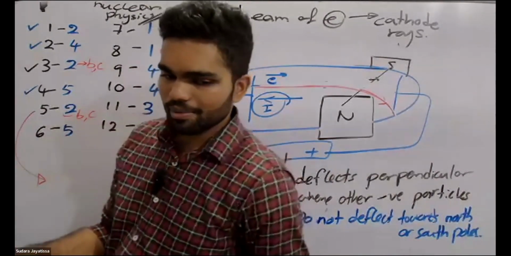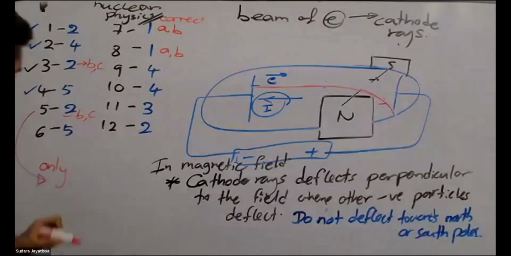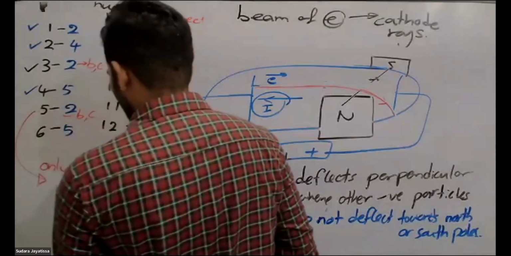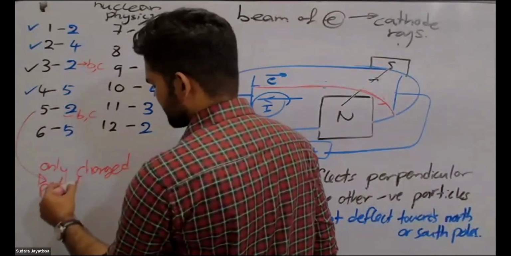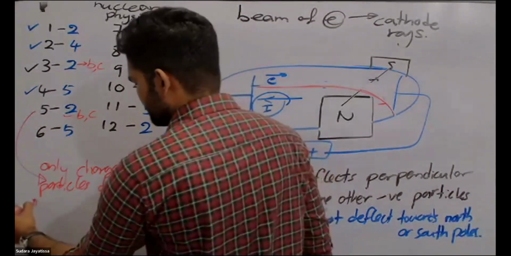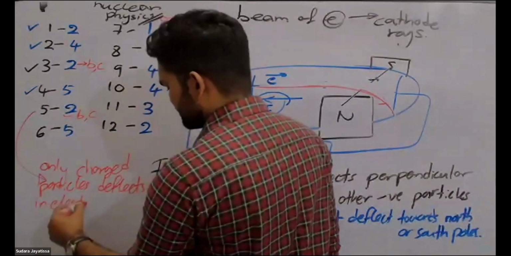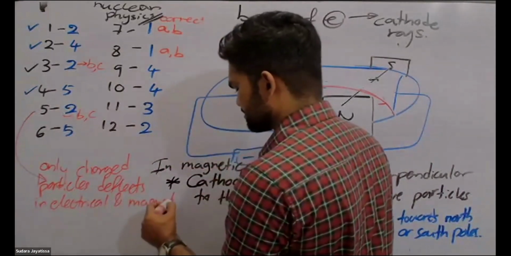So you can summarize the whole thing into one point: only charged particles deflect in electrical and magnetic fields.